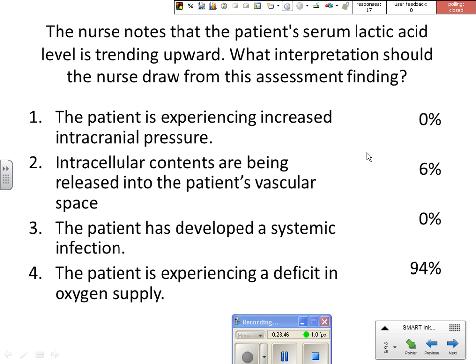And 94% said experiencing a deficit in oxygen supply. Why did you all answer that? Right, because if they have a deficit in oxygen, they've switched to anaerobic metabolism, and lactic acid levels rise.